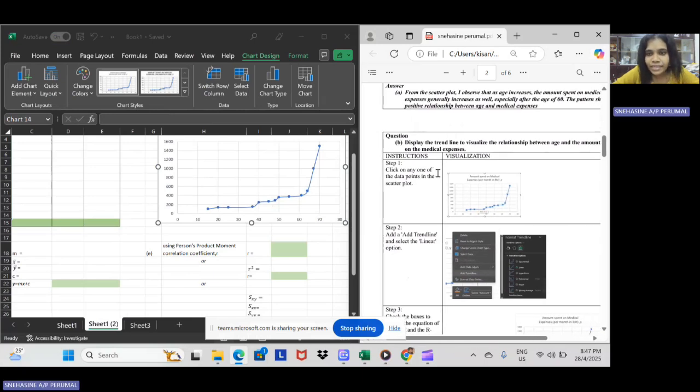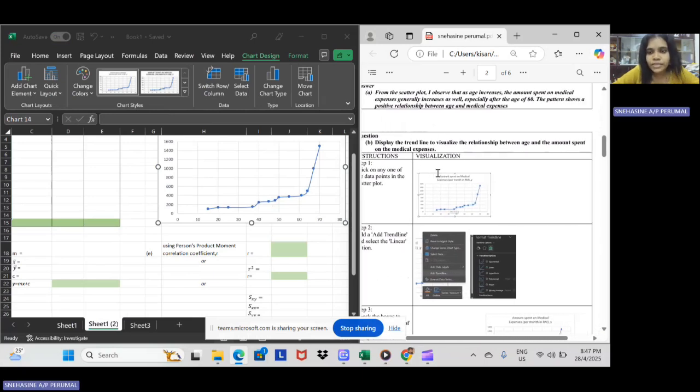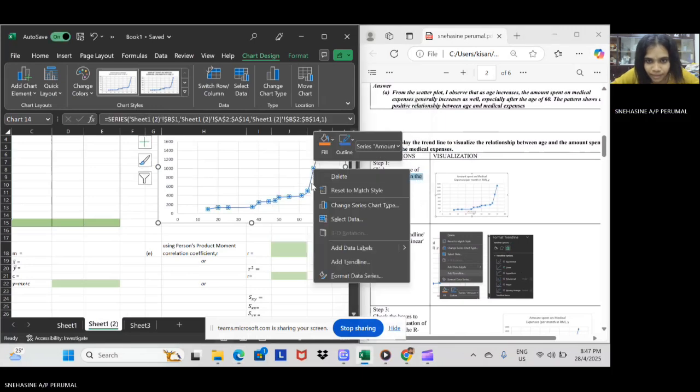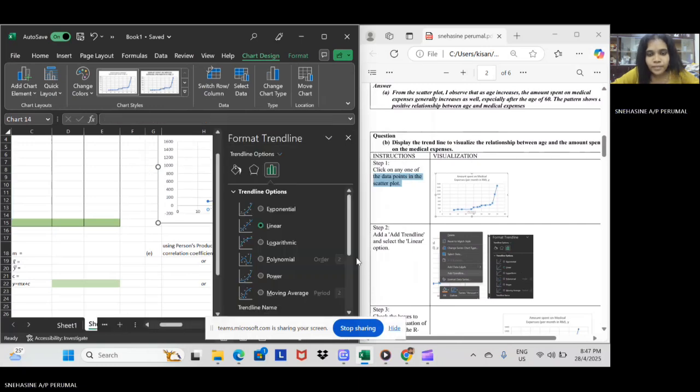Display the trend line to visualize the relationship between age and amount spent on the medical expenses. Okay, click on the data point in the scatter plot, and then you have to choose add trendline.